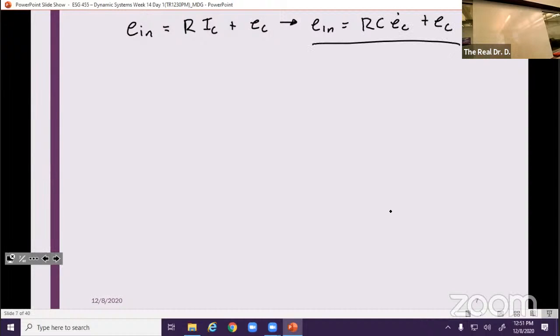If we do that, we'll get E in is equal to R IC plus EC, which will change to E in is equal to RC E dot C plus EC. Right? There's my input-output equation.